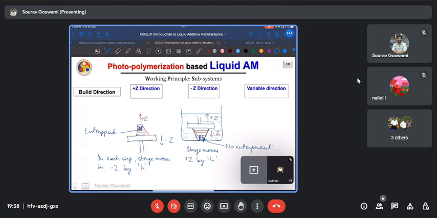Another demonstrated direction is actually variable. So depending on your requirement, you do not have a fixed direction at all. In this case, the deposition head itself becomes flexible.